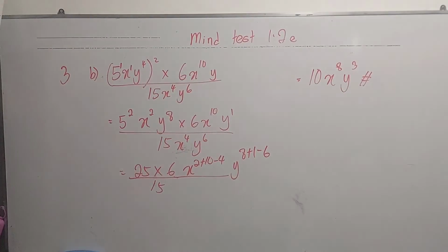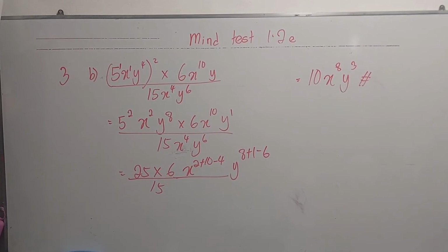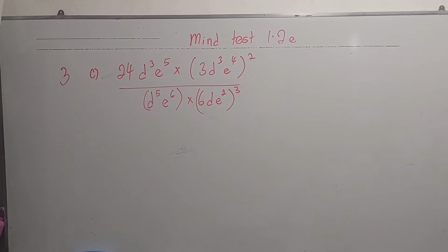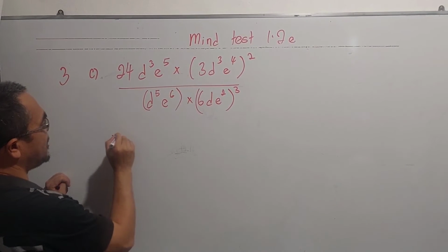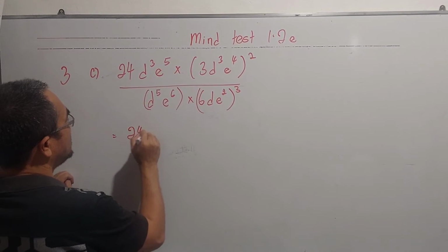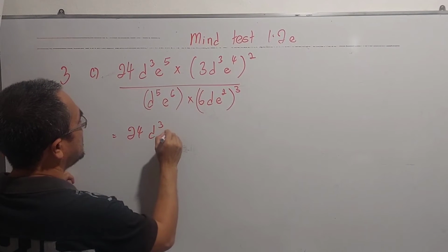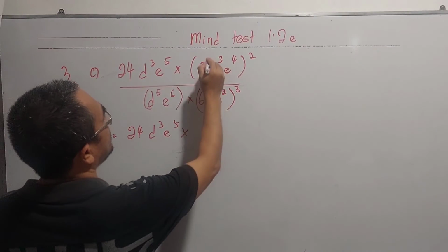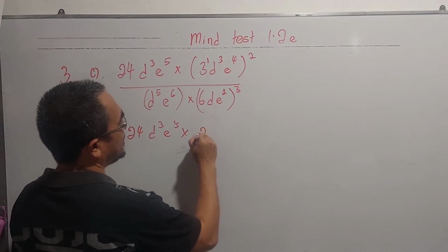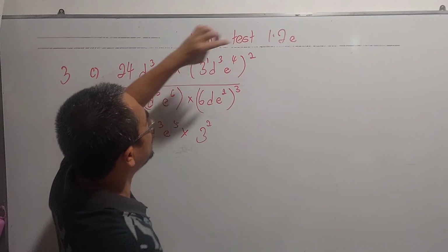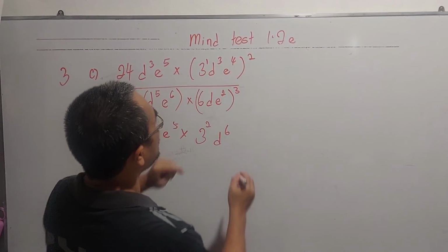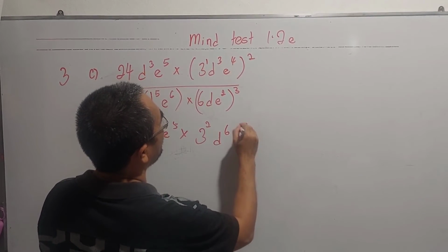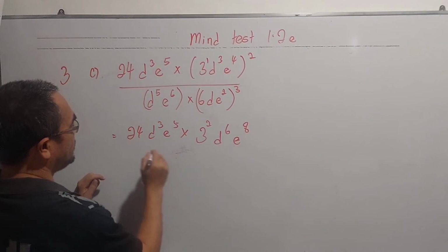Okay, help me check the answer. Okay, and the last question. With 24d to the power of 3, e to the power of 5, that's one, nothing to do. We just copy, and then here will be 3 to the power of 1, so 3 to the power of 2 because 1 times 2, and then d to the power of 6 because 3 times 2, and then e to the power of 8 because 4 times 2.